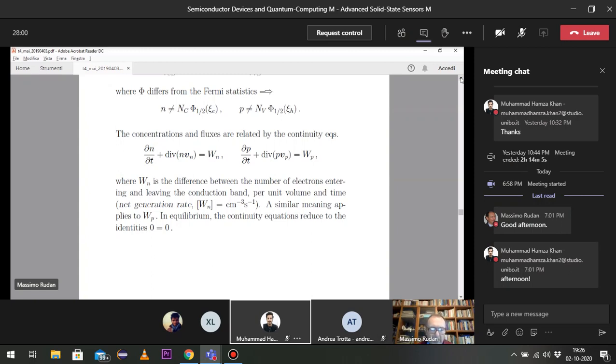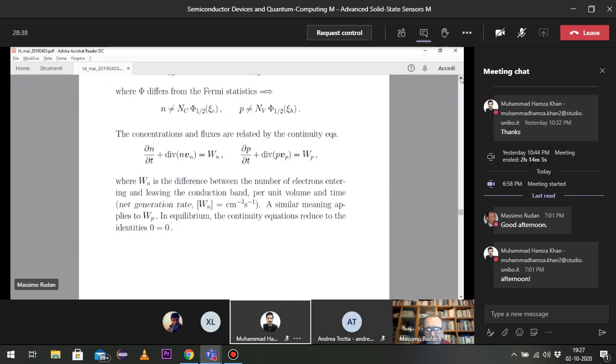This is such an important interaction that it is given a special symbol. Okay, so we split Wn and Wp into parts, and one part describes the transitions involving collisions with the nuclei of the crystal. Since the vibrational energy of the nuclei depends on the lattice temperature, these types of transitions are also called thermal transitions. Okay.